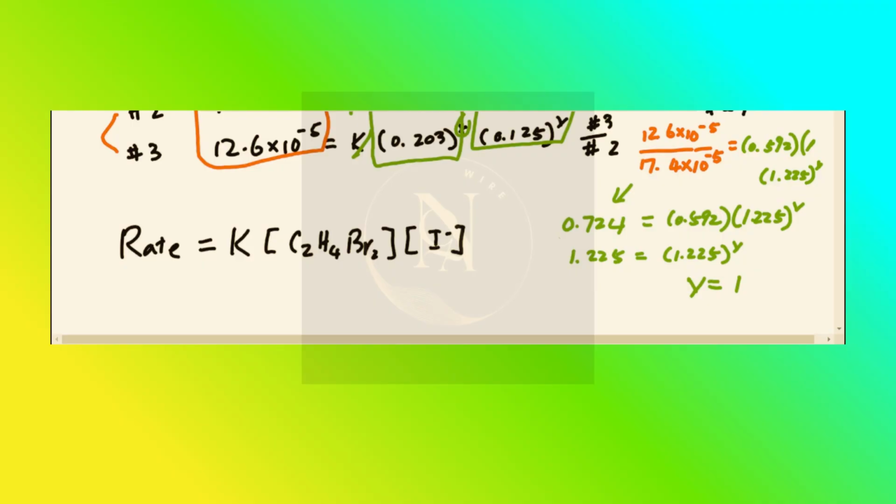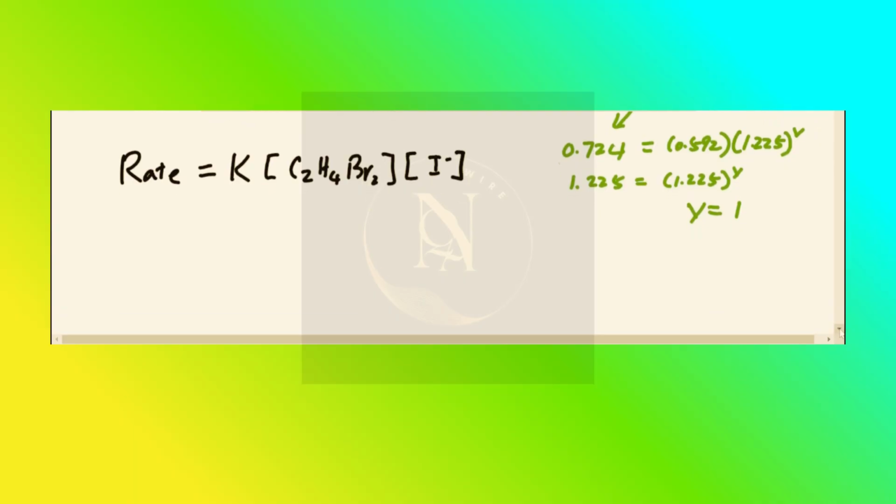So the next question is, what is the rate constant? We can use any set of experimental data to determine this. I'm going to plug in the concentrations of experiment 1. The reaction rate is 6.45 times 10 to the power of -5, which equals k times the concentrations, 0.127 for the first one and 0.102 for the second one.